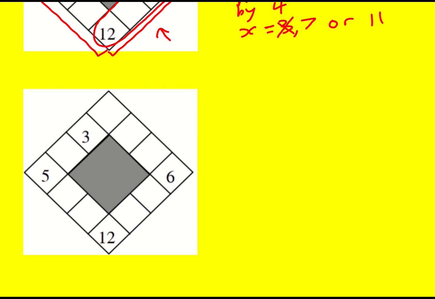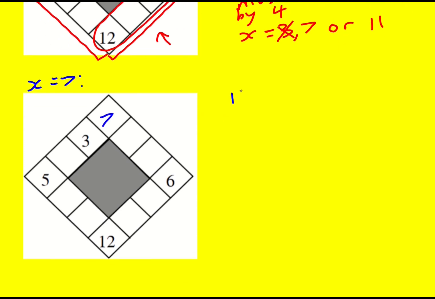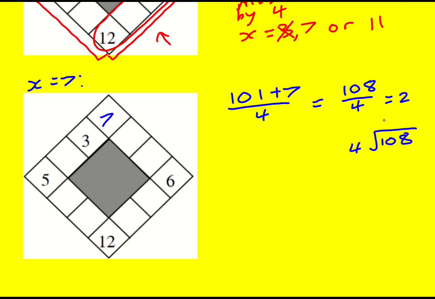So let's first of all look at x equaling 7. So I'm going to put 7 there. Now remember, we had 101 plus x as the total. So I'm going to get 101 plus 7, which is 108, divided by 4, which gives 27.